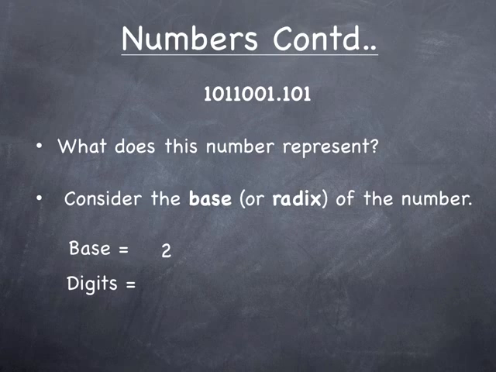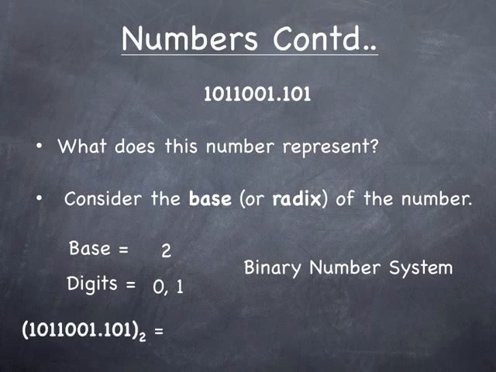If my base is 10, my digits go from 0 to 9. If my base is 5, what are my digits? 0 to 4. So my digits are always one less than the base. So my digits are 0 and 1, and this is the binary number system.